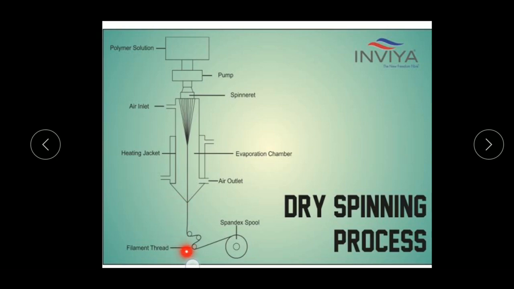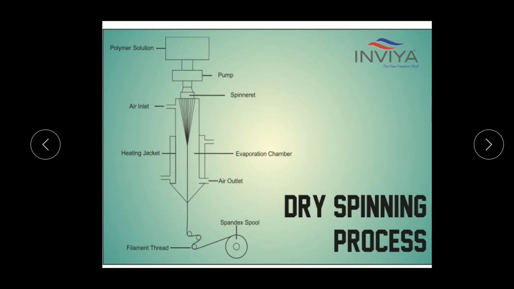At the bottom there are three tensioners which continuously pull the dry fibers from the evaporation chamber, in the form of thread or fiber, which are then fed to the spool. Once it starts rotating clockwise, the thread-type fibers are wound over the spool.